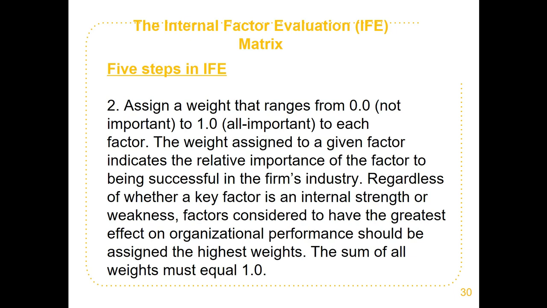Regardless of whether a key factor is an internal strength or weakness, factors considered to have the greatest effect on organizational performance should be assigned the highest weights. The sum of all the weights must equal 1. All right, so there you go.